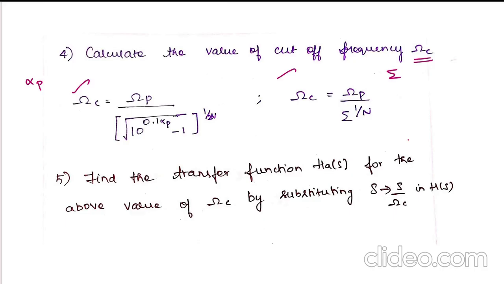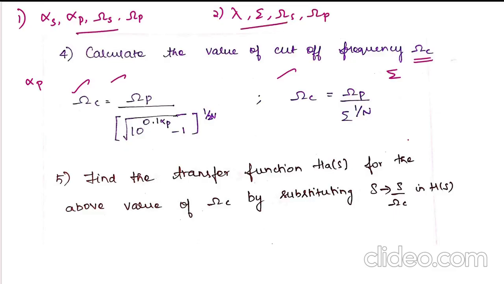Generally there are two types of questions. In the first question type, you will be having alpha s, alpha p, omega s and omega p. In the second question type, you will be having lambda, epsilon, omega s and omega p. In this case, you will be using this formula, and in this case, you will be using this formula.